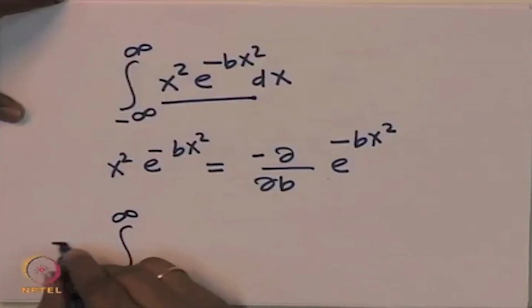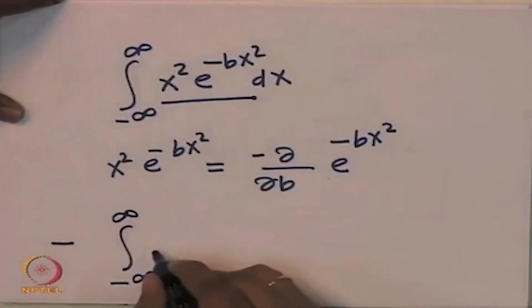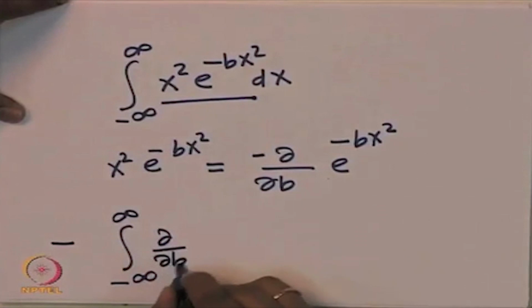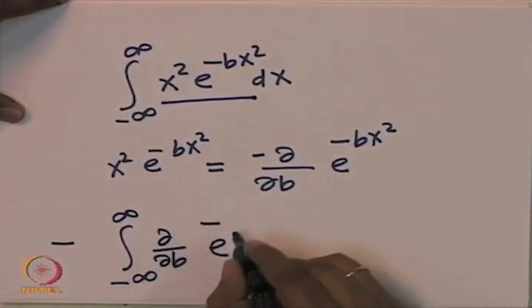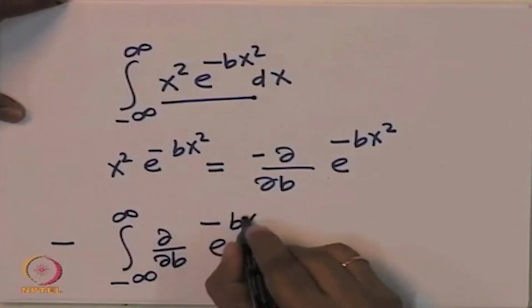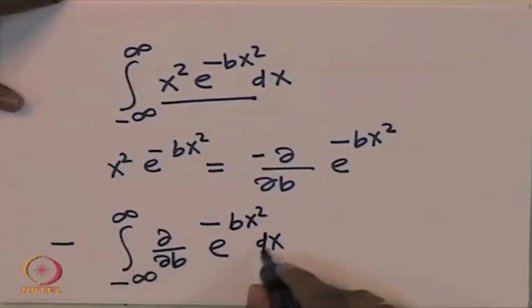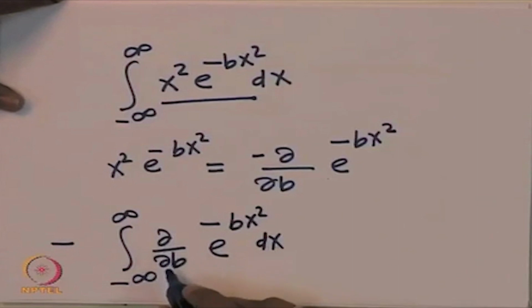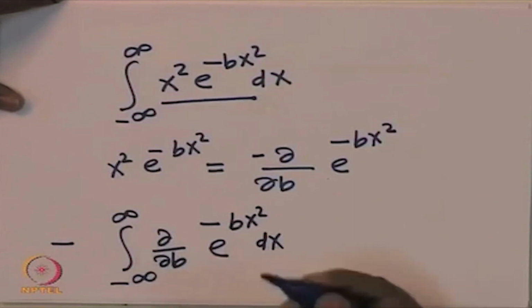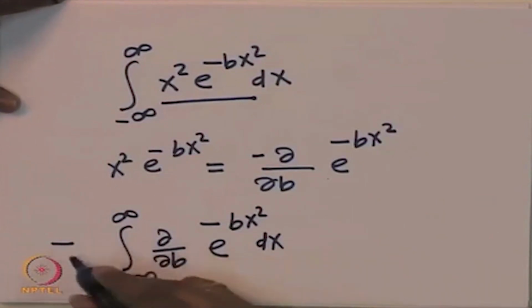and write it as the integral from minus infinity to infinity, with a minus sign here, and del by del b of e power minus b x square dx. Now, del by del b is independent of x, because b and x are completely different variables. So, I can take this outside.